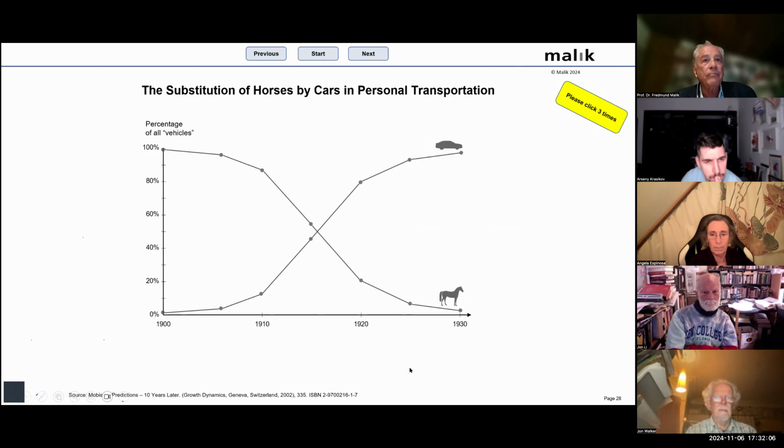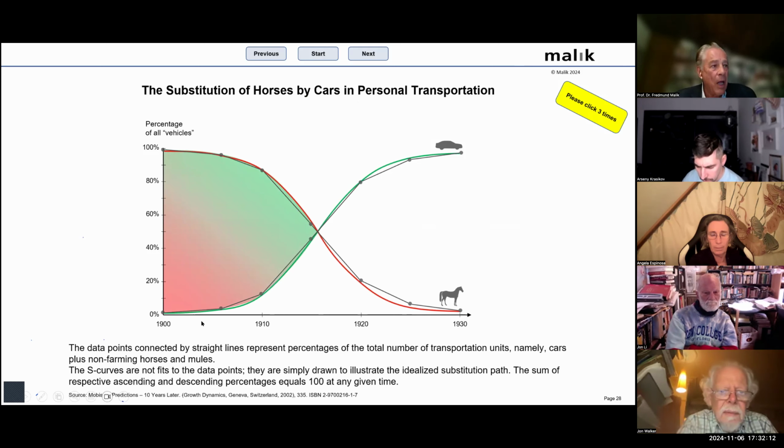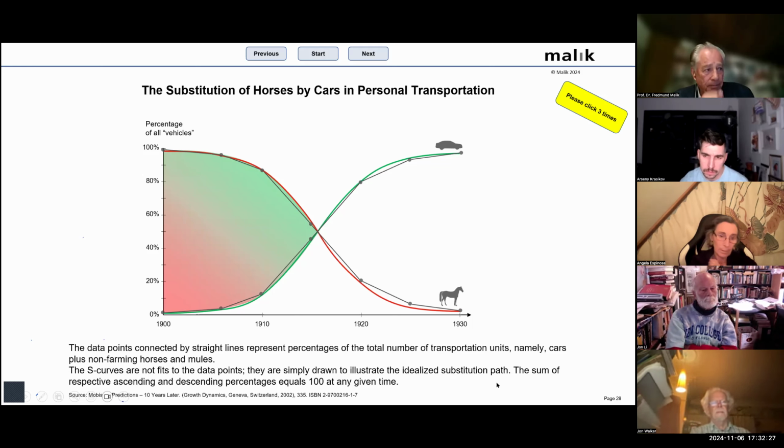And if we smooth it out, the data points you see connected by straight lines represent percentages. The S-curves are not fits to the data points. They are simply drawn to illustrate the idealized substitution path. The sum of respective ascending and descending percentages equals 100 at any given time.